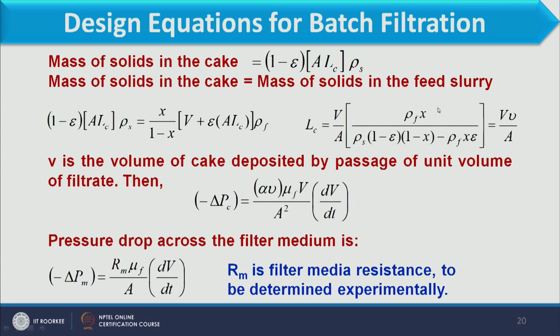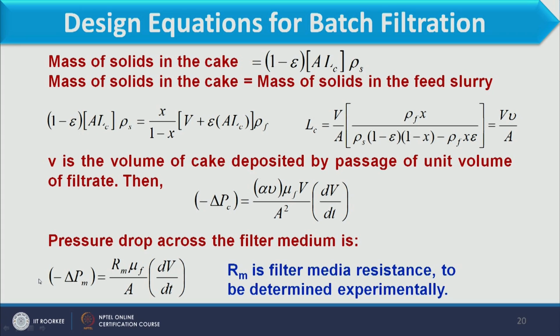All constant values will be collected in terms of small v. So how can we define small v? If we consider A into Lc, that is the total volume of the cake, and V is the volume of the filtrate, then small v is the cake deposited by passage of unit volume of filtrate. In this way we can define the small v value.